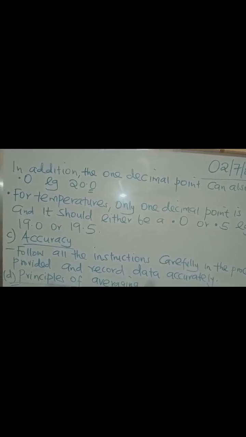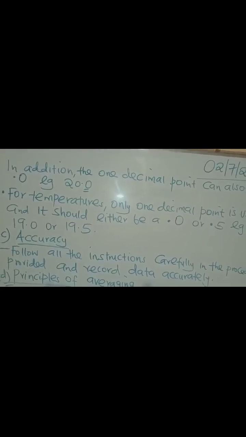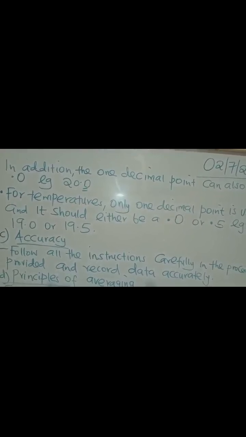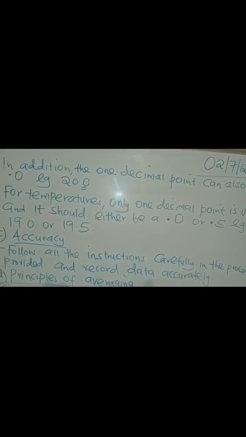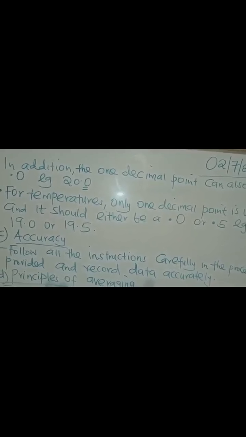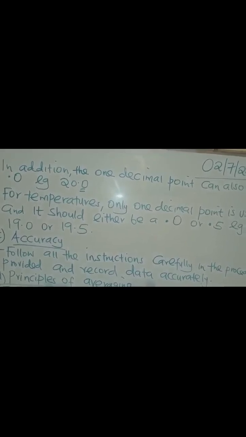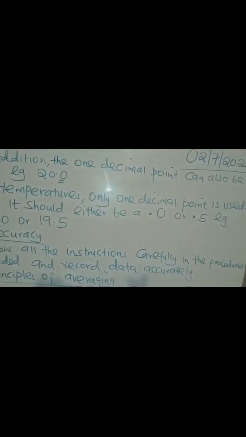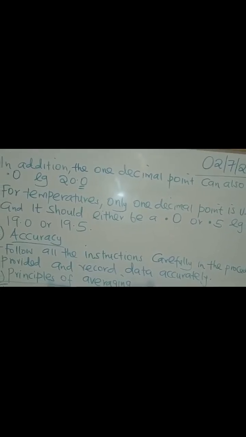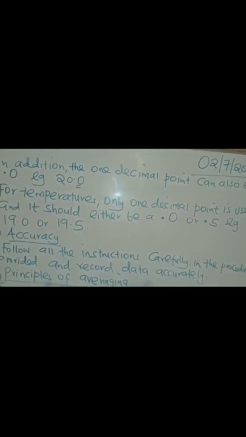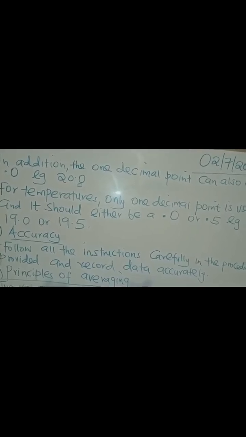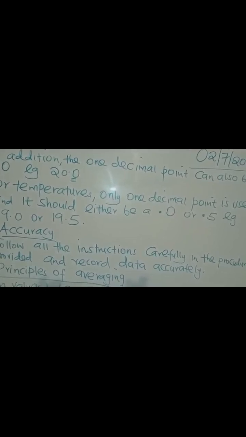The second point is temperatures, because in questions 1 and 2, we can also have a practical that requires us to take data dealing with temperatures. For temperatures, only 1 decimal point is used. Here we do not have a provision of 2 decimal points. And this 1 decimal point can only be a 0.0 or a 0.5.